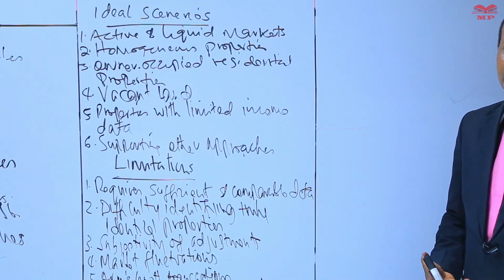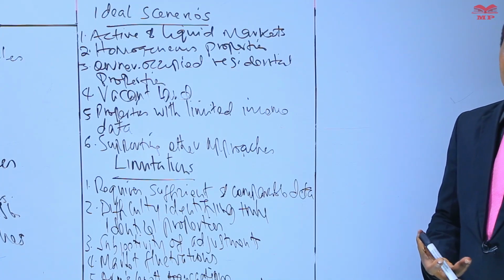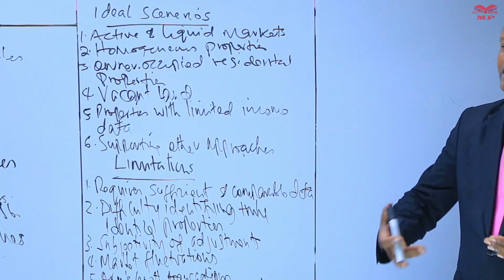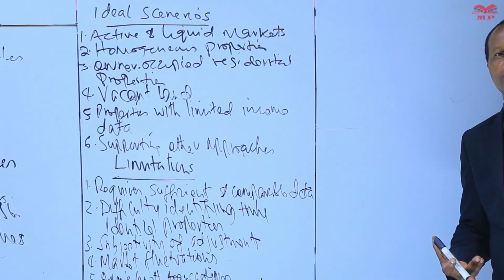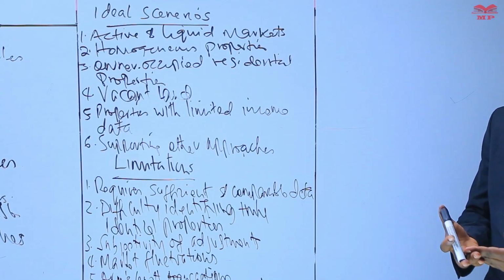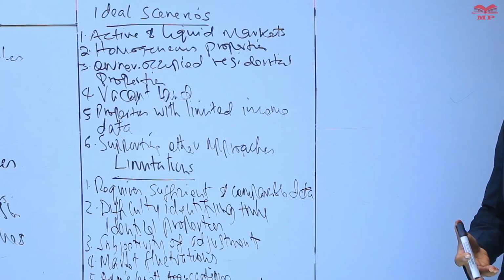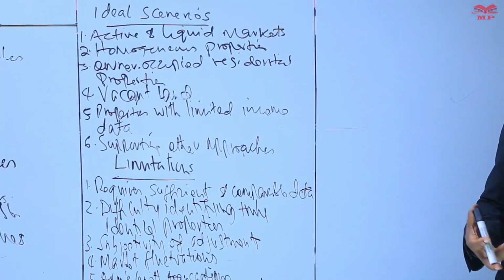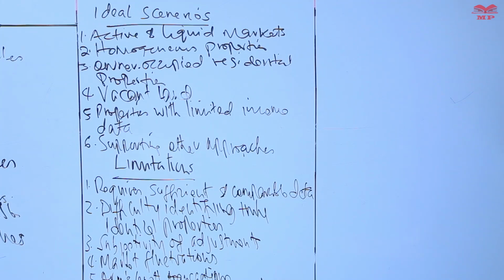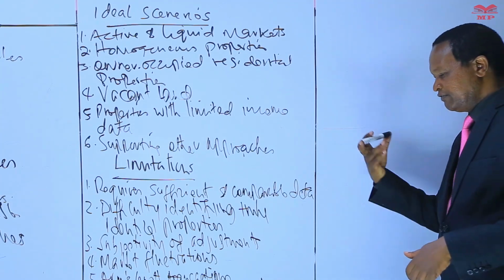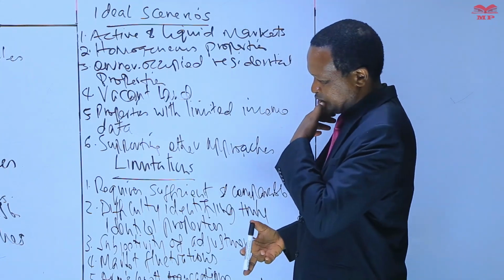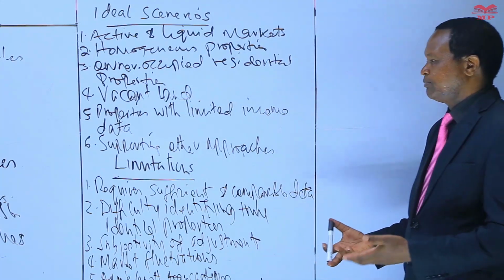While sales of comparable investment properties can provide some light or insight, the sales comparison approach does not directly consider the income-generating potential of a property, which is a primary driver of the value for commercial and investment properties. That is the 7th limitation. There are many more limitations.